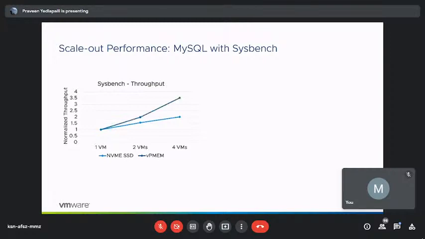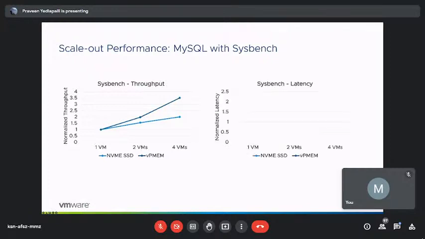If I run the same test on PMM, from 1 VM to 4 VMs, I can get up to 3.5 times, which is not ideal. Ideal is 4 VMs, 4x the performance. But at least on PMM, I can get up to 3.5x, which is very close to ideal.